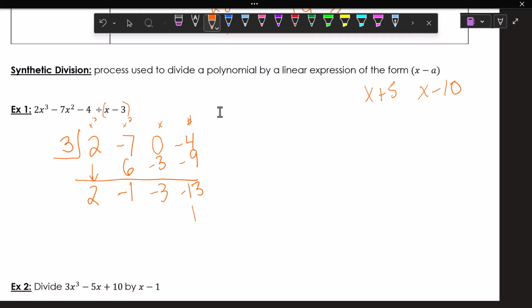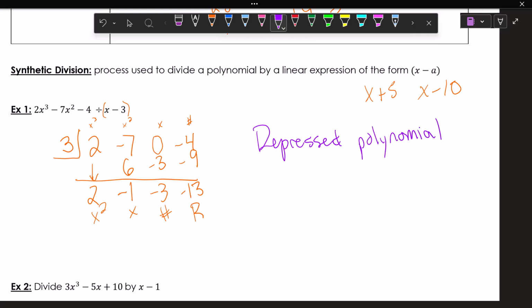So our rightmost column is our remainder. Then our number, then our x, then x squared. So our final answer, and this is our depressed polynomial, it just means our answer when we divide. So it's 2x squared minus 1x minus 3.